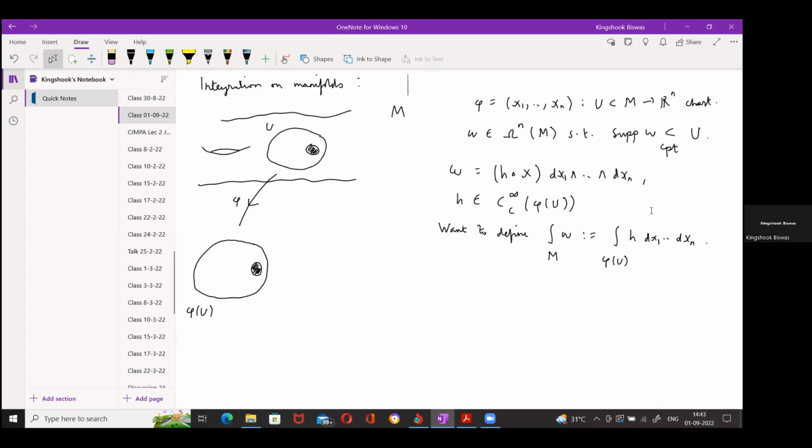So let's take another chart then. Say psi, such that the support of omega is also contained in the chart V. Okay. So say psi is a chart y1 to yn.